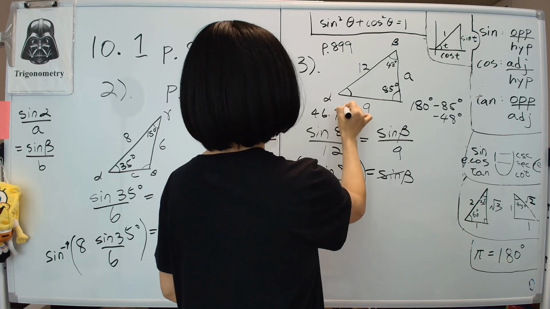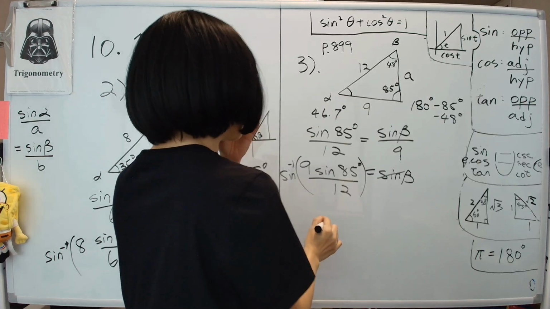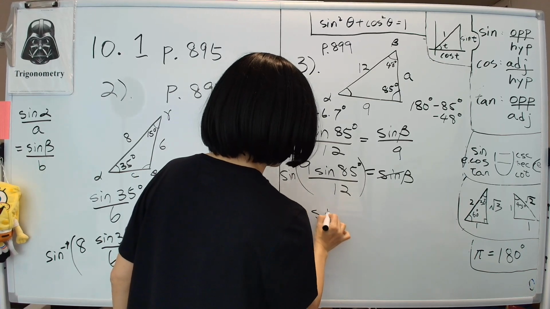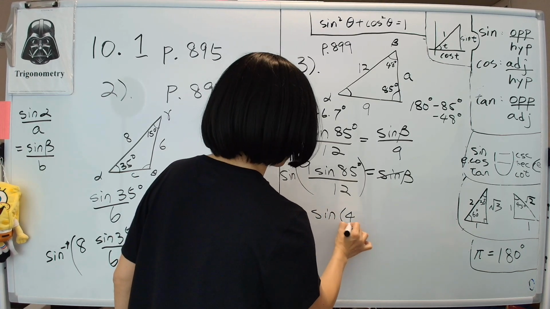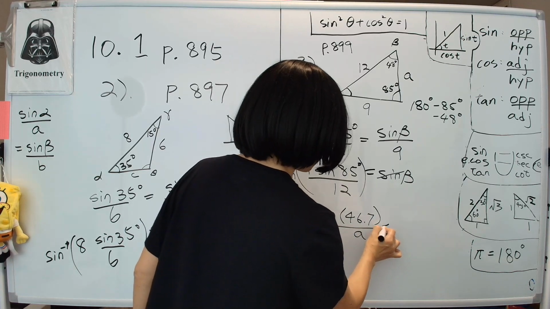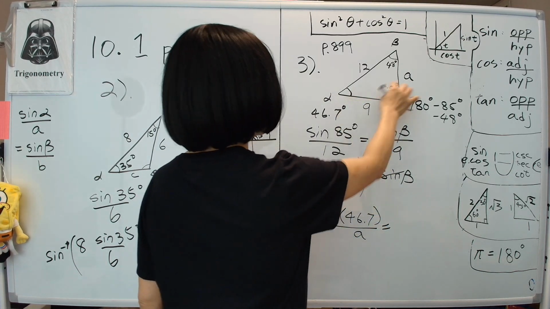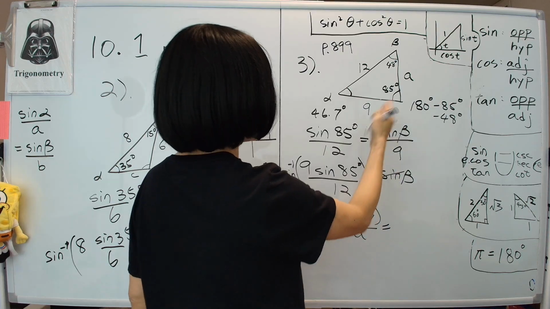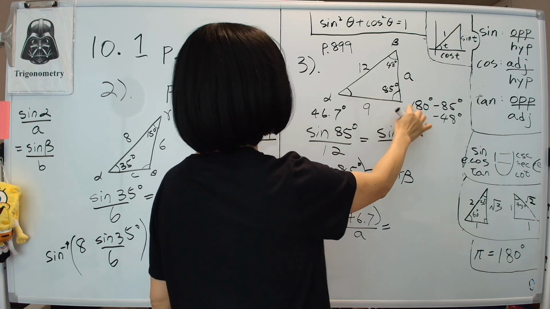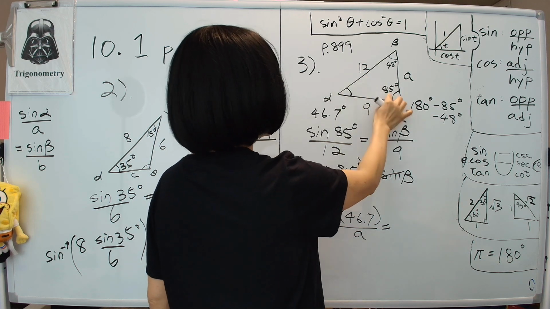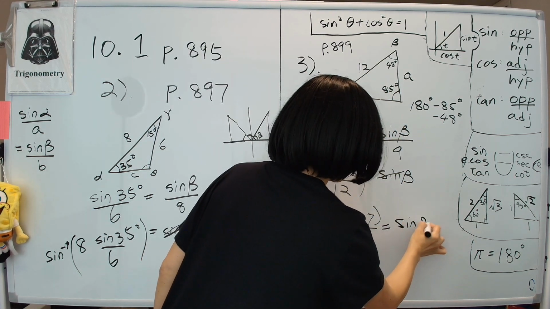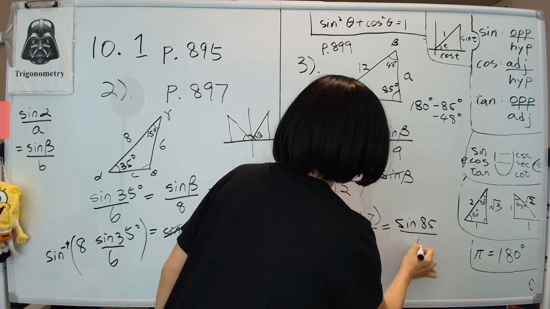46.7, and that will help us find A, because by the law of sine, sine of 46.7 degrees divided by A is going to be equal to, well, which one do we pick? Doesn't matter. We'll pick this one, because this one is given to us, equal to sine of 85 degrees divided by 12.